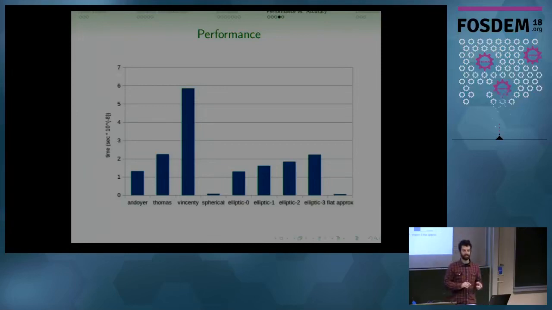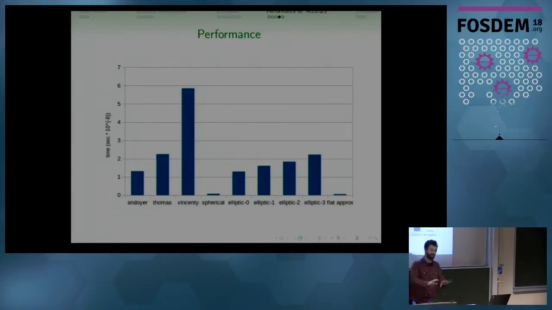Okay, so the question is regarding integration in MySQL. Everything I said here is outside of MySQL. All the tests are in Boost Geometry, a standalone library. As far as I know, in MySQL now there is Andoyer, Thomas, and Vincenty, and you also have spherical.